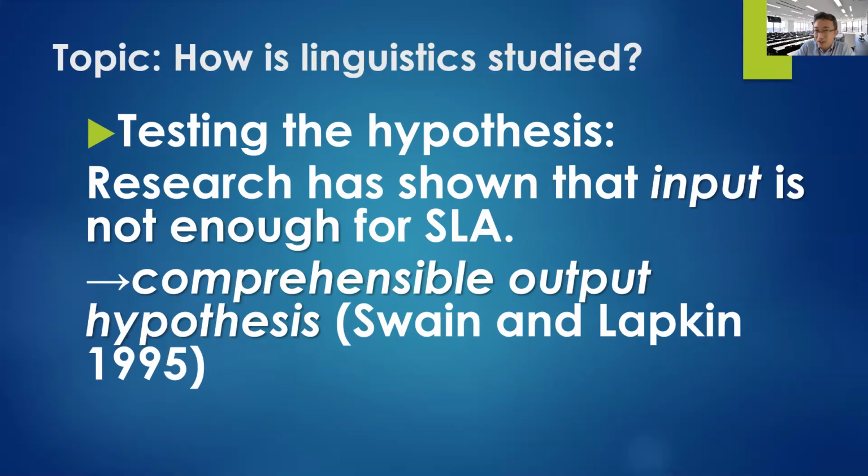Then, as you can imagine, this hypothesis must be tested in order to be able to accept that as truth or some fixed knowledge. The debate still goes on, and if you are interested in that, then try to learn more about SLA, second language acquisition. Don't you think it is interesting?